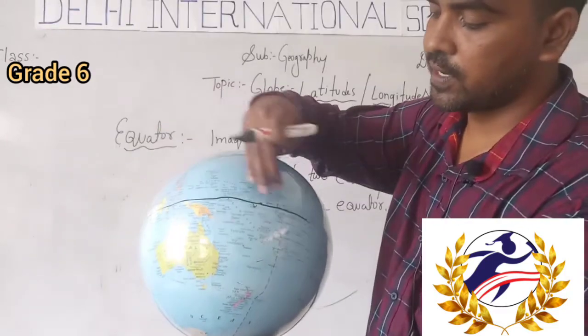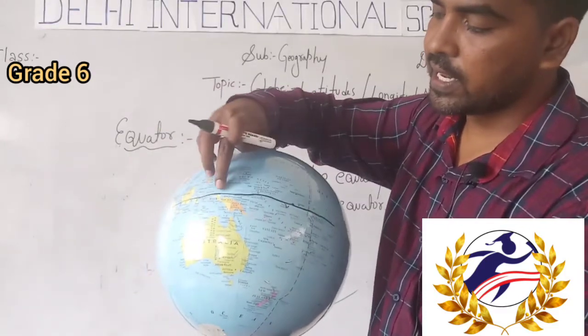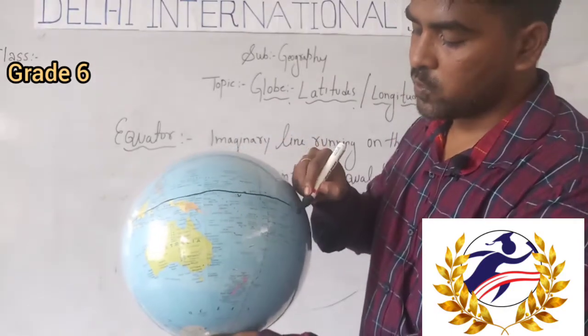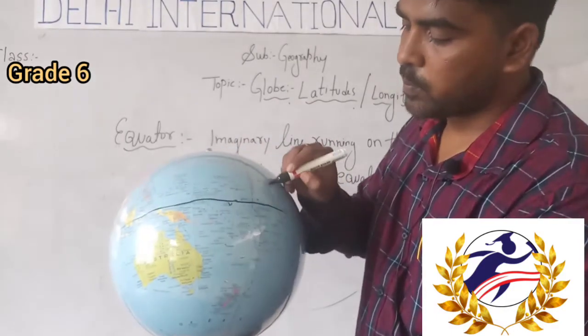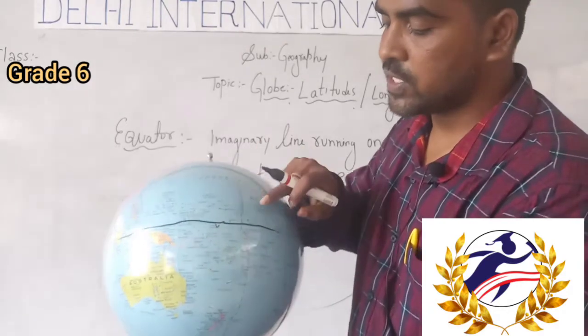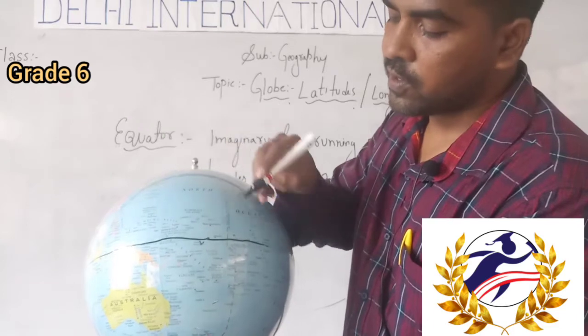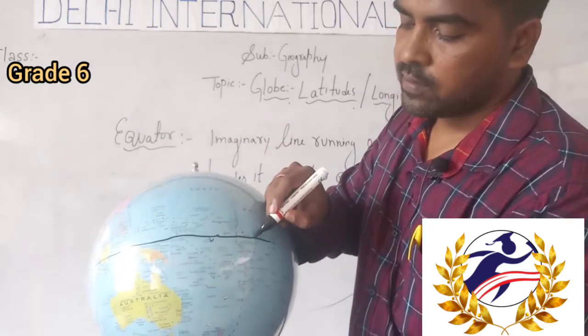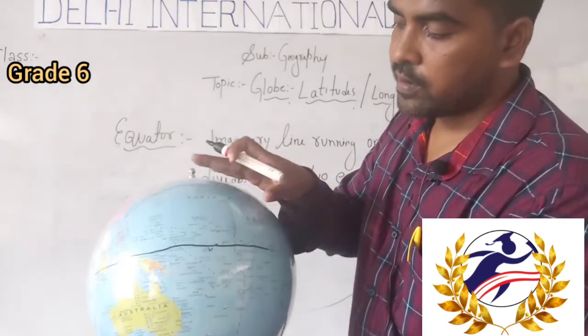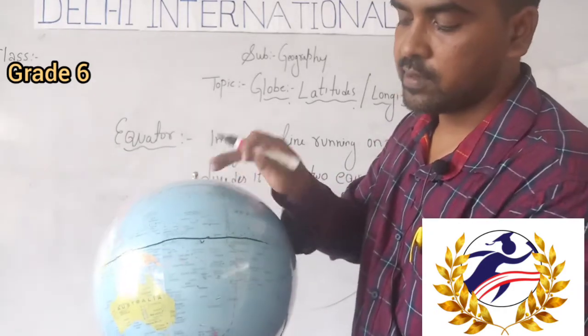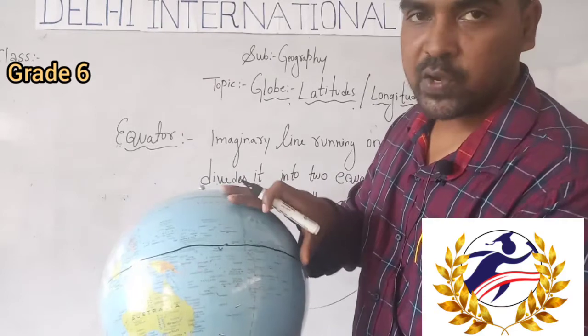This imaginary line is known as the equator. Above and below it we can see the parallels of latitude, drawn parallel to the equator in the southern and northern hemispheres.